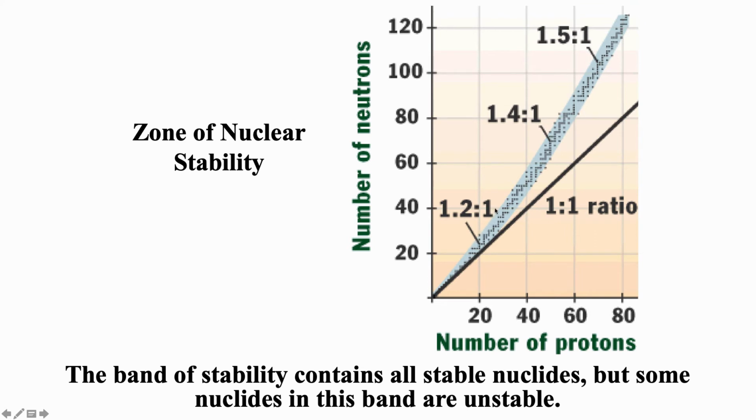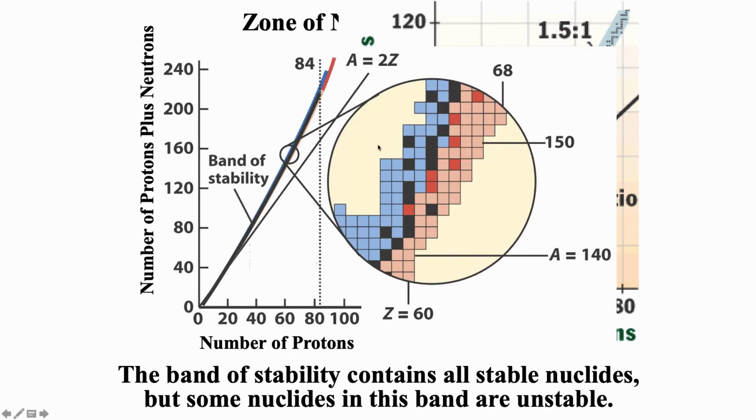And then notice that the relative number of neutrons increases the bigger the isotopes get. So the band contains all stable nuclides, but if we zoom in on the band, we see that we do have some unstable isotopes.